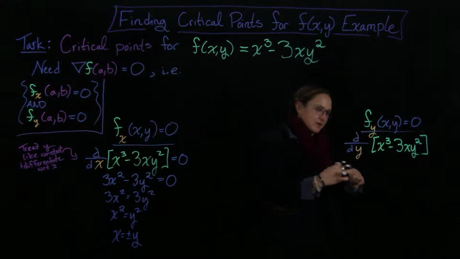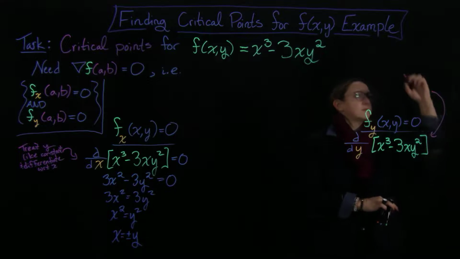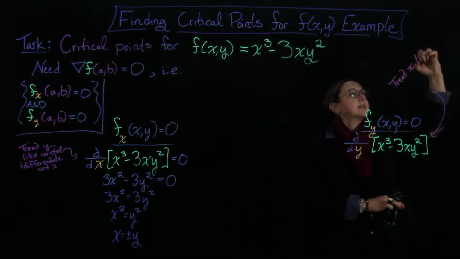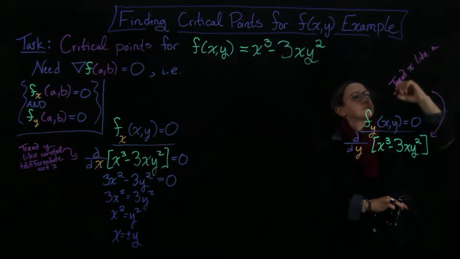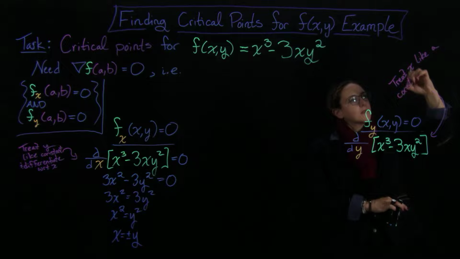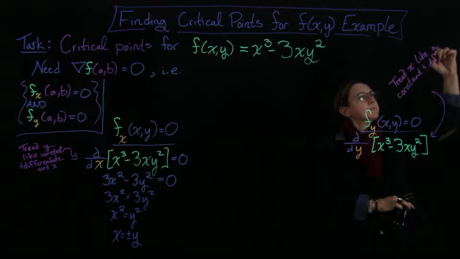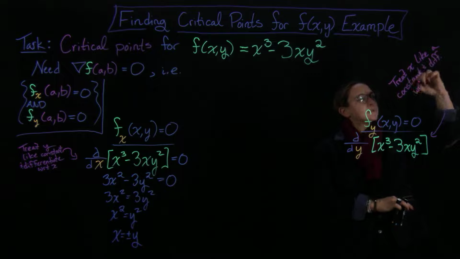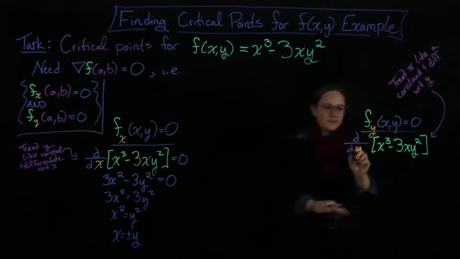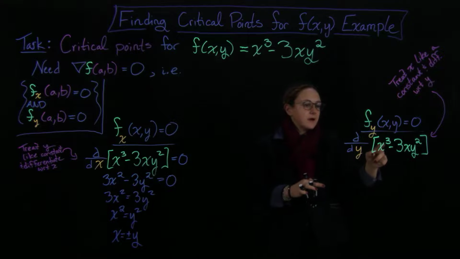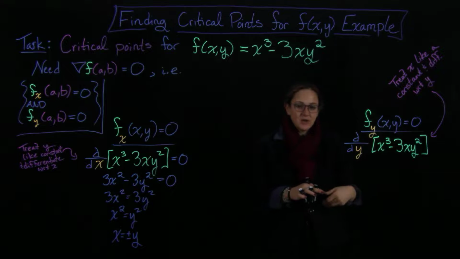For this one, I need to treat x like a constant and differentiate with respect to y. Okay, because I'm differentiating with respect to y here, this is a constant, right? So that just completely drops out.